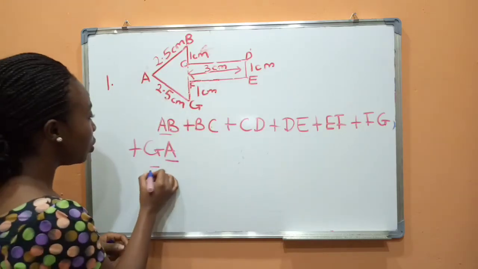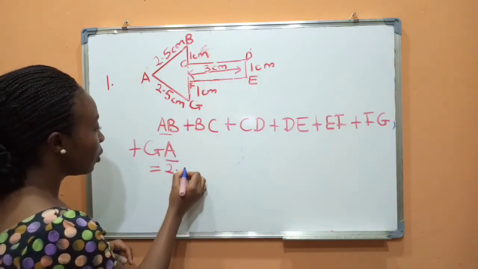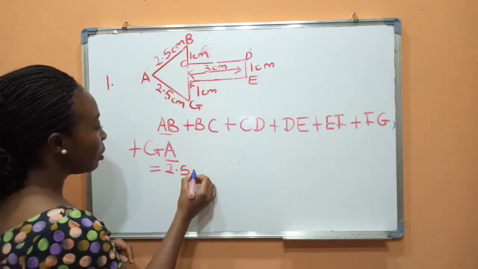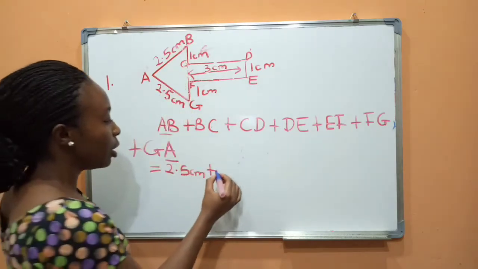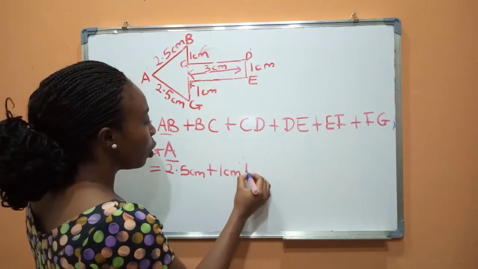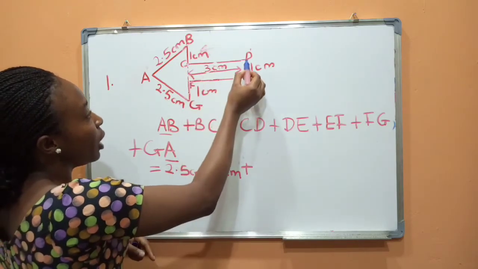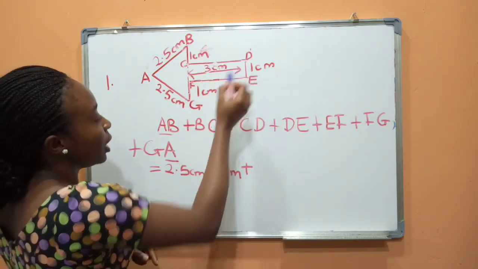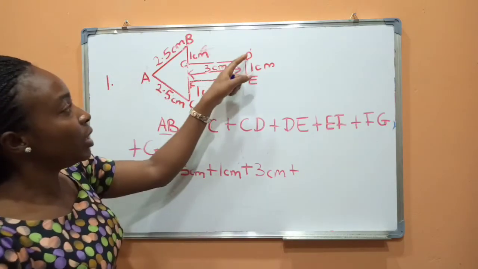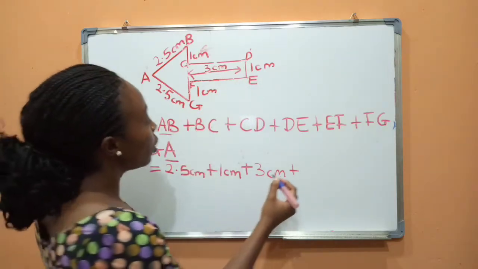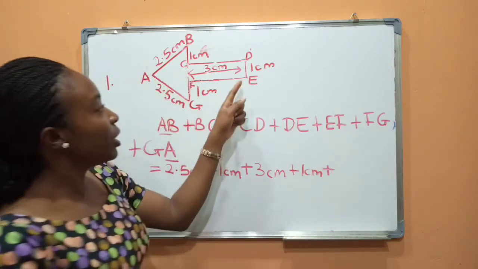So the next thing we are going to do, what is AB? If you look, AB is 2.5 centimeters, plus what is BC? BC is 1 centimeter. We write 1 centimeter plus what is CD? Now CD is the length from here to here, which is 3 centimeters. So we have 3 centimeters plus what do we have as DE? DE is 1 centimeter plus what about EF?